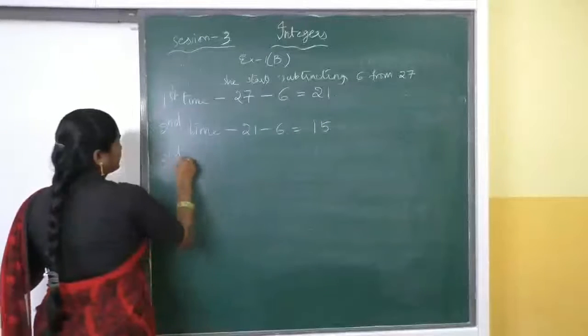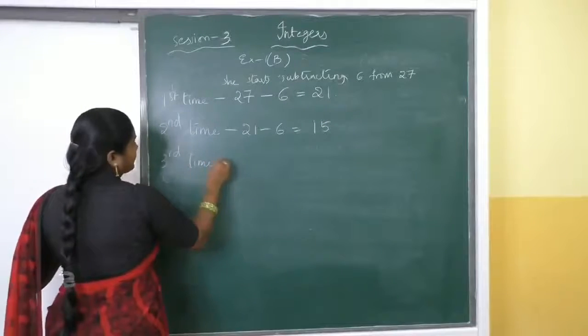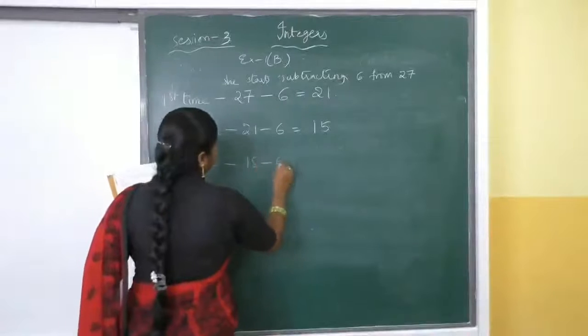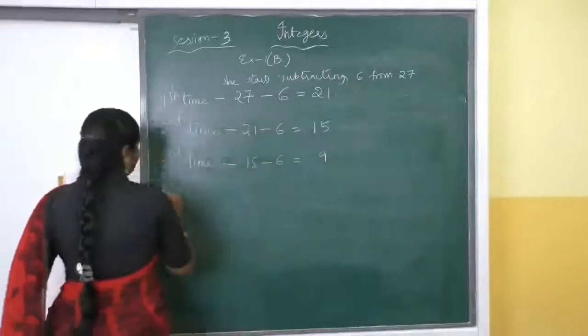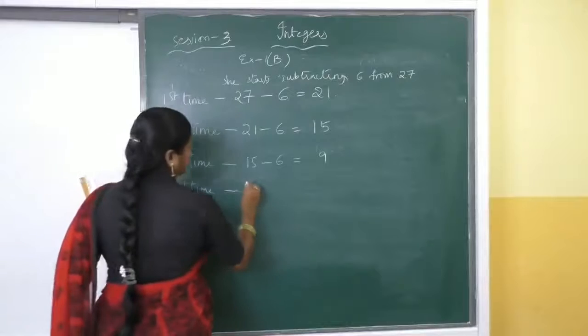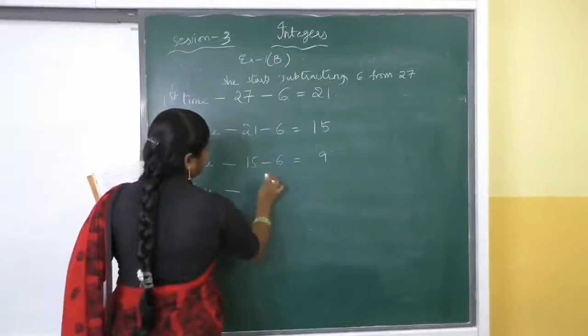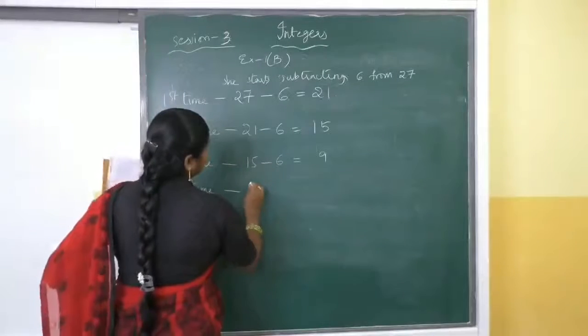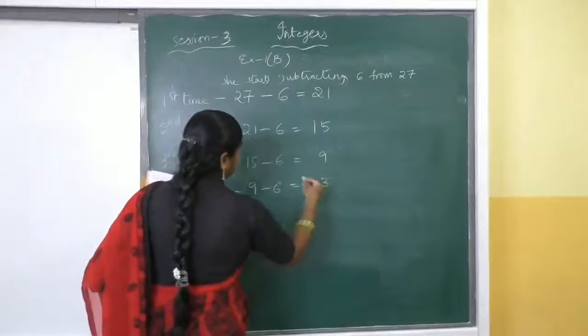Now third time, 15 minus 6 gives the result as 9. Fourth time, 9 minus 6 gives the result as 3.